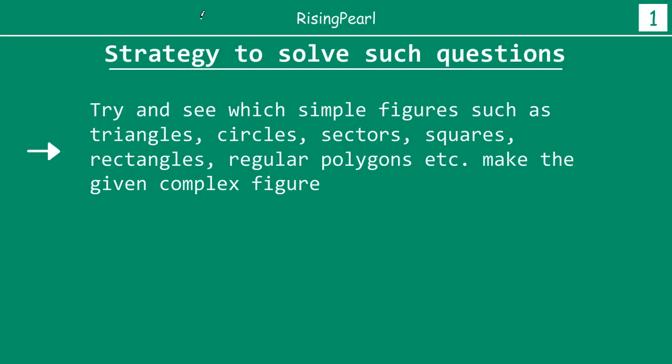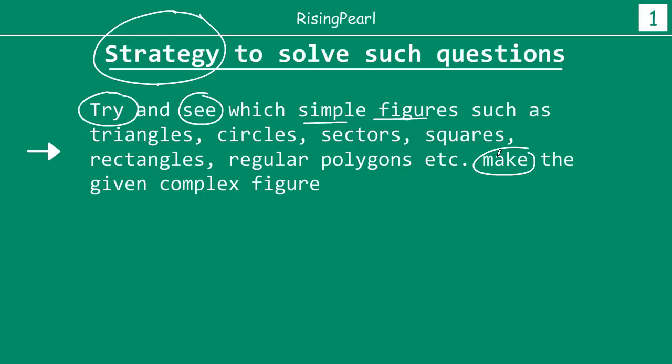Now, like we did in the last webisode, we have to have a strategy of how we approach such questions. The first part is that we have to try and see which simple figures, by simple figures I mean triangles, circles, sectors of a circle, segments, squares, rectangles, regular polygons, etc., make up our given complex figure or shape.